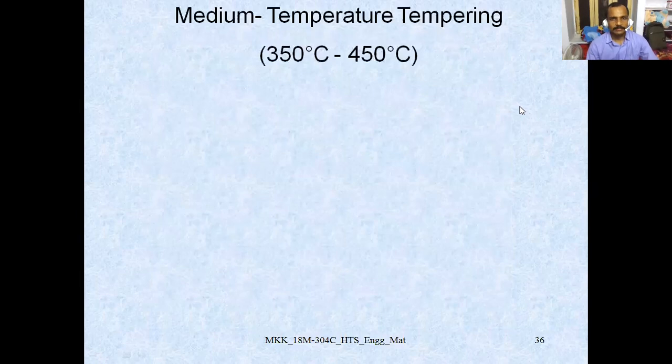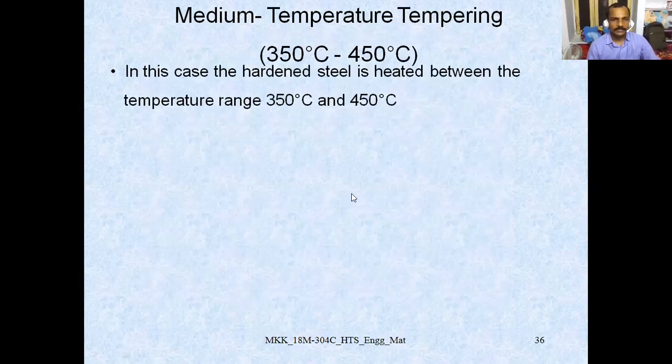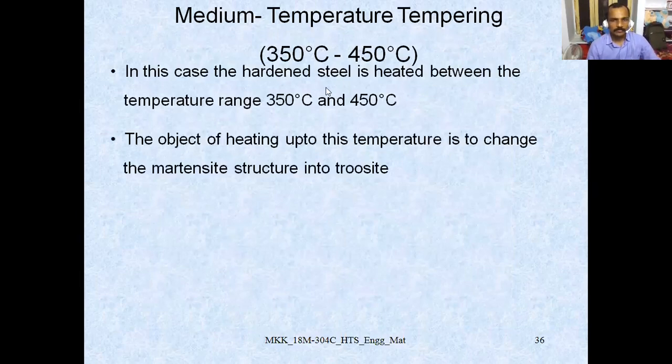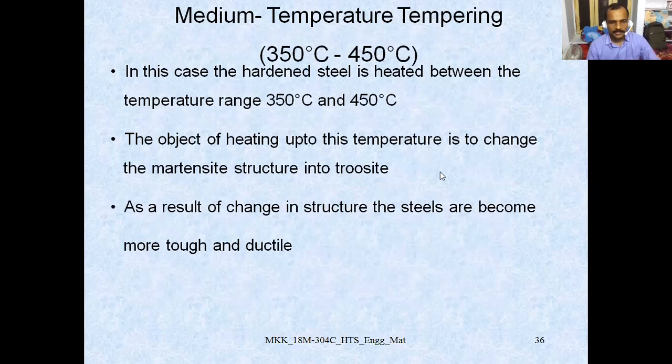Next is medium temperature tempering. The temperature is from 350 to 450 degrees centigrade. The hardened steel is heated within the range of 350 to 450 degrees centigrade, and after heating, the martensite structure changes to troostite structure. As a result of this change in structure, the steel becomes much tougher and more ductile.